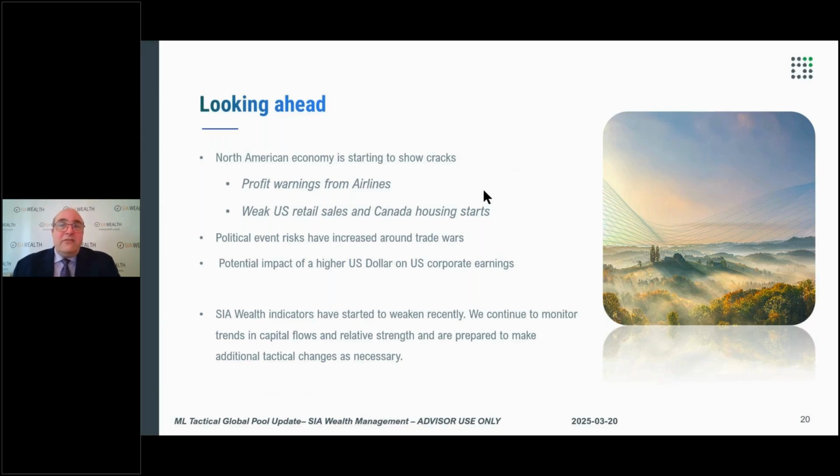The political event risks on the economy have increased around tariffs and trade wars. And one thing a couple of companies quietly started to mention near the end of the last earnings season was the impact of the higher US dollar on their earnings. The US dollar has done extremely well since the election. People think the US is going to win, and the dollar has been attracting capital.